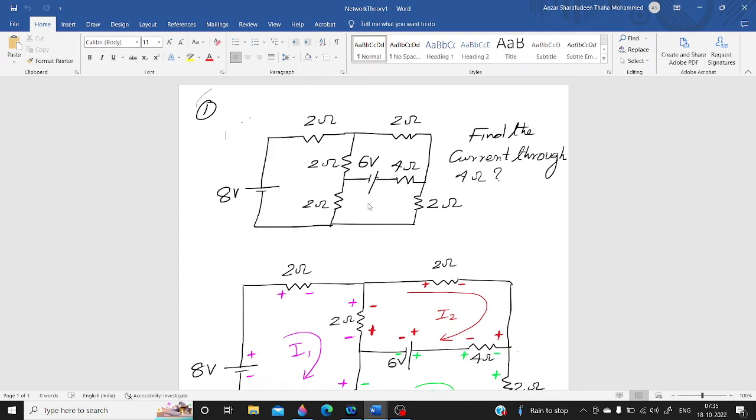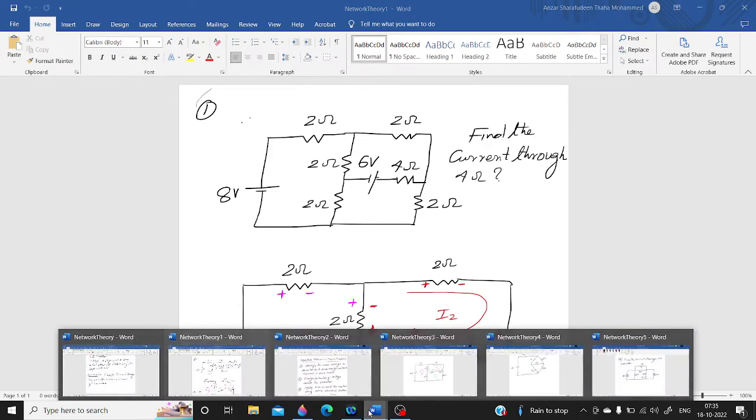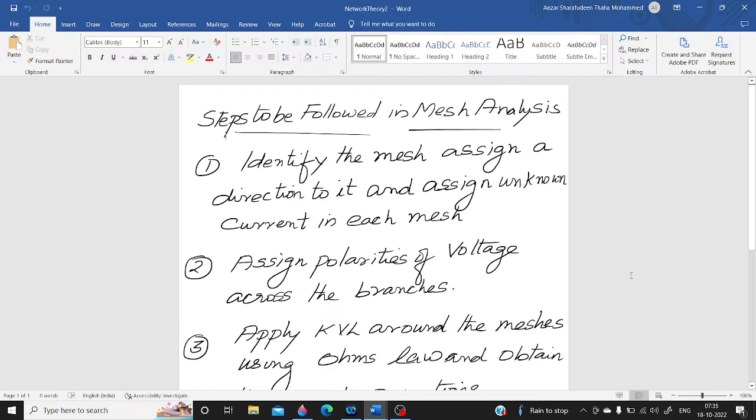So before going into mesh analysis, let us consider the various steps to be followed in mesh analysis. The first step is identify the mesh. Mesh means a closed path in a circuit. Identify the mesh, assign a direction to it, and assign unknown currents in each mesh.